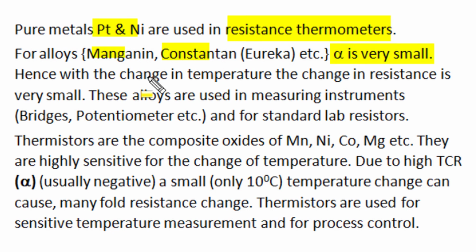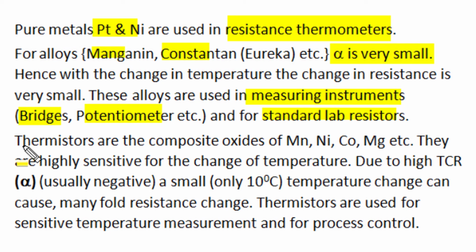So in these alloys, with change of temperature, the change in resistance is negligibly small. Such alloy materials, constantan and manganin, are used in measuring instruments. They are used as multiplier resistances in voltmeters or as standard resistances of bridges or potentiometer wire, where we need such standard laboratory resistances which won't change with change of temperature.